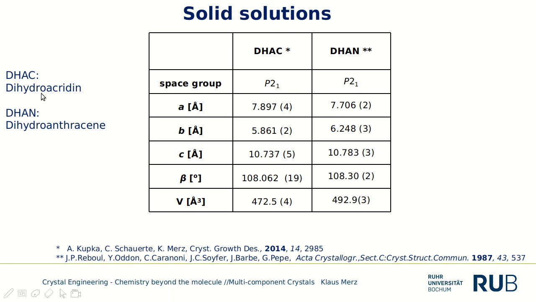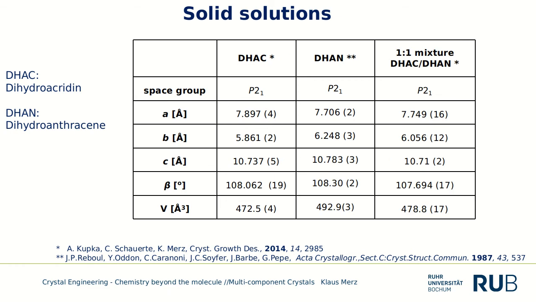So dihydroacridine and dihydroanthracene. In the case of dihydroacridine, you see here the values a, b, c: 7.8, 5.8, 10.7. And we see in the anthracene 7.7, 6.2, 10.7. You see comparable values. Also here the angle and the volume. A little bit enlarged, it makes sense because in this case we have one nitrogen inside.